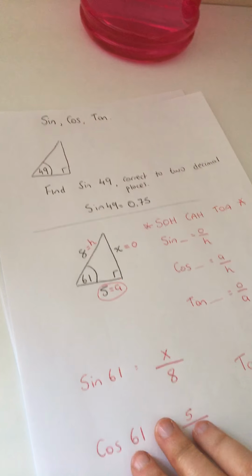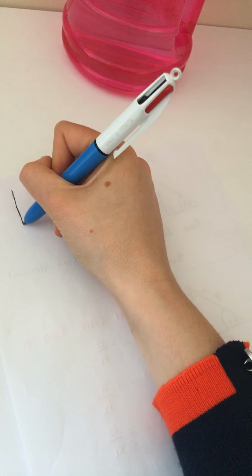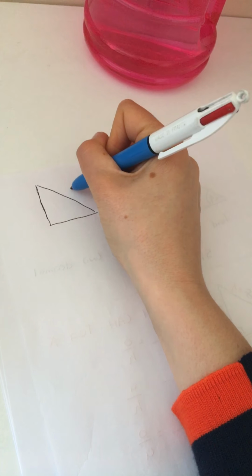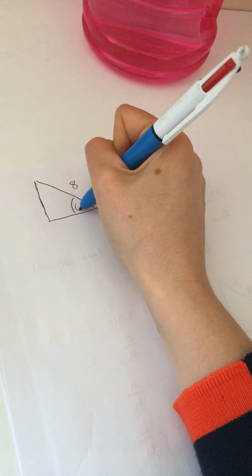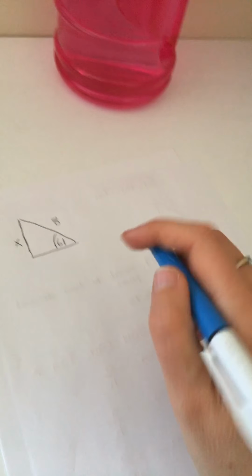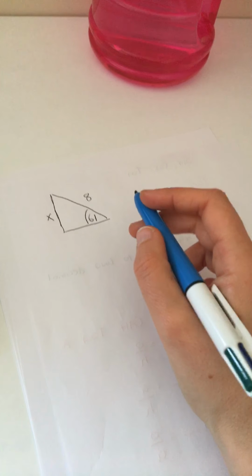So I'm going to draw it over on the other side again. I'm drawing it backwards, but anyway, you get my drift. So we have our 8, we have our 61. And we're looking for x. Okay, so in this scenario, they've left out this, so we cannot use the theorem of Pythagoras.